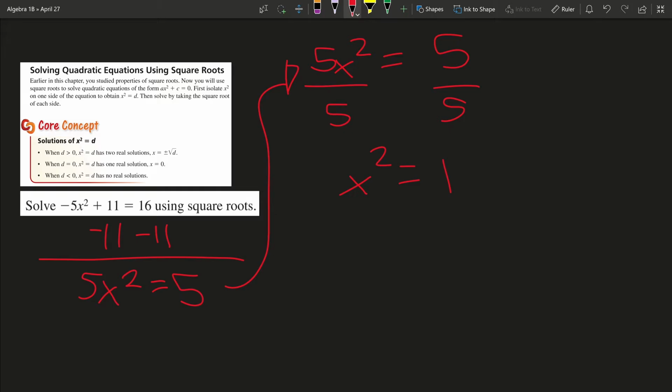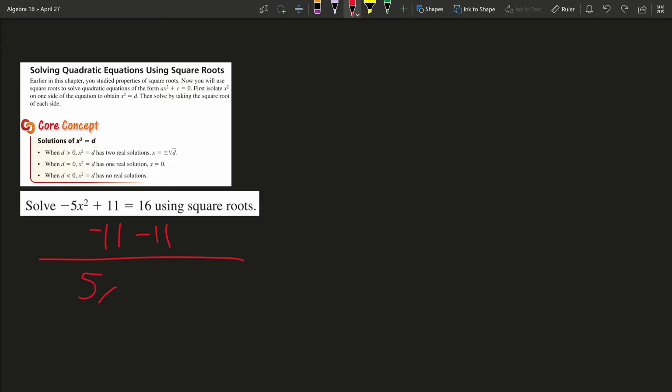Oh, I made a mistake here actually. Let's redo this one. Okay, so in this case, I forgot the negative up here, right? We need to put this negative in there. So let's do that with a negative. So 16 minus 11 was 5.